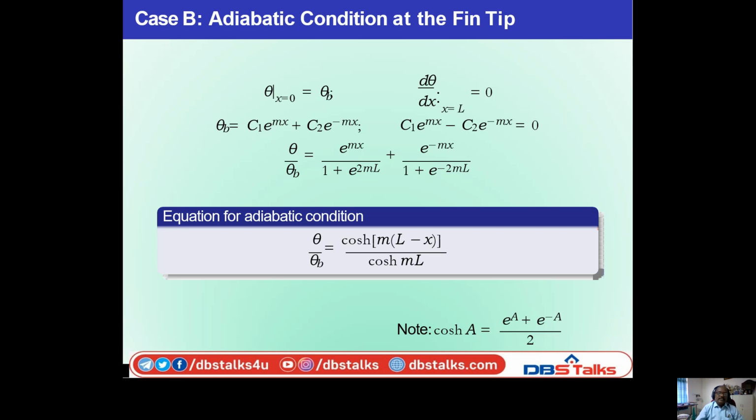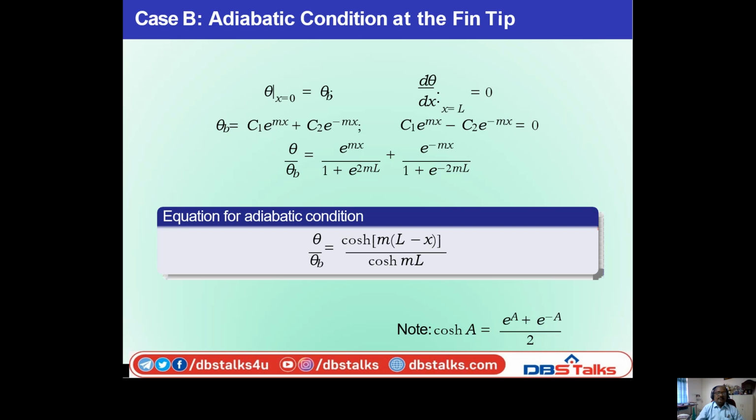So you can write this equation as cosh m(L minus x) by cosh mL, that is theta by theta naught equals cosh m(L minus x) by cosh mL. This is the temperature distribution equation for an insulated fin, or adiabatic condition at the fin tip.